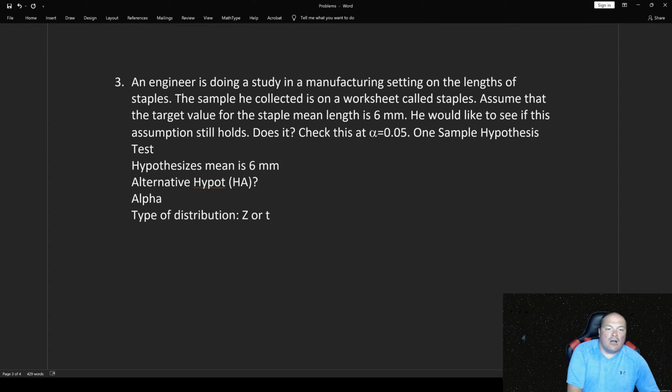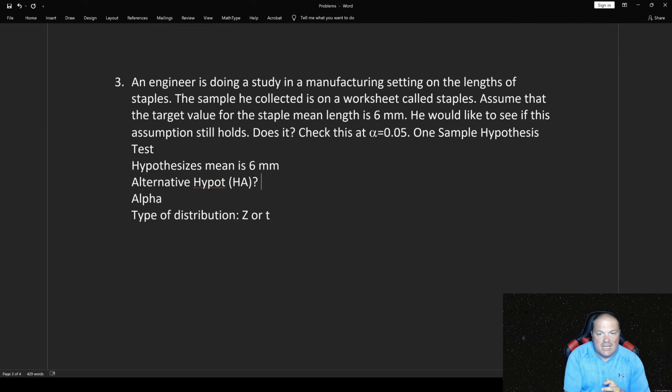So our alternative in this case, we have three alternatives. It can be less than, it can be greater than, it can be not equal to. In order to determine the alternative, you really have to take it from the question. The question might say, are the mean lengths too long? Are the mean lengths too short?